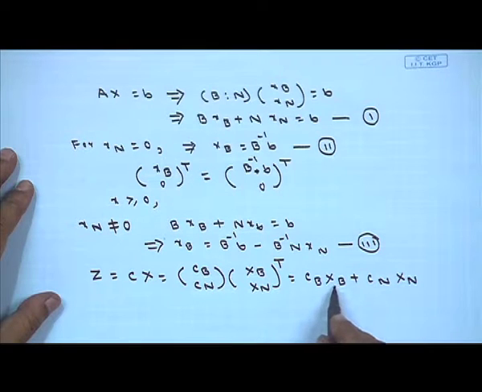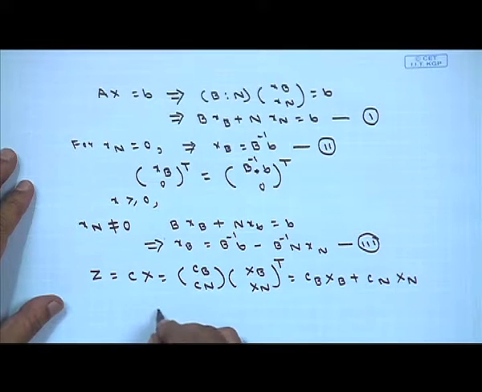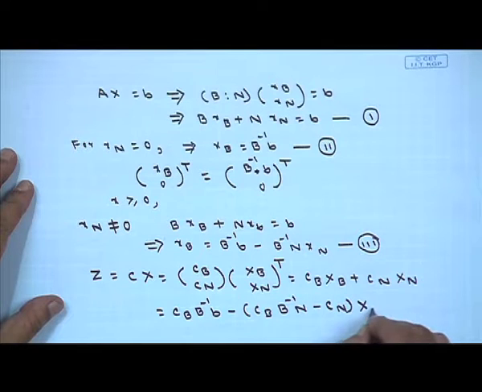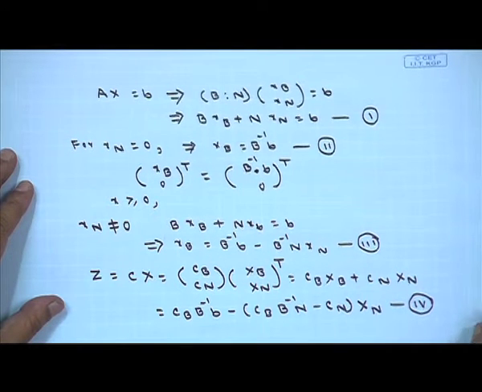From here you put the value of x b from equation 3, and after manipulation you will obtain C b B inverse B minus (C b B inverse n minus C n) into x n, which is equation number 4.